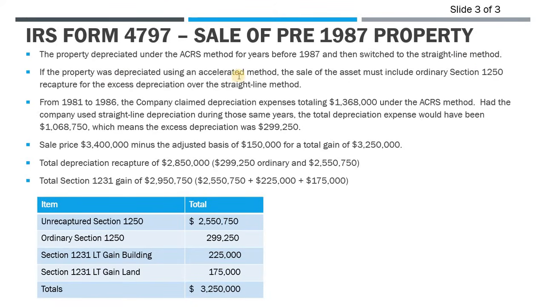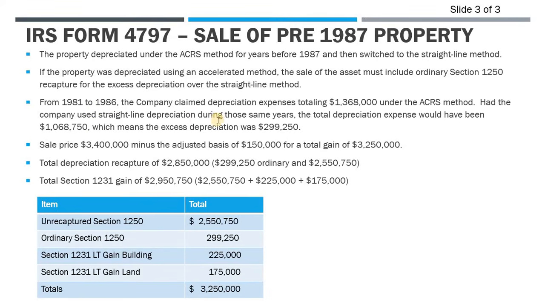Now, because the property was depreciated using this accelerated method, the sale of the asset is going to have a component piece that's ordinary Section 1250 recapture, right? And the amount of the ordinary recapture piece is the excess depreciation over the straight line. So in other words, what you have to do is you figure out how much depreciation was taken using the ACRS method, figure out how much would have been taken if we use straight line, and then that difference is the ordinary 1250 recapture.